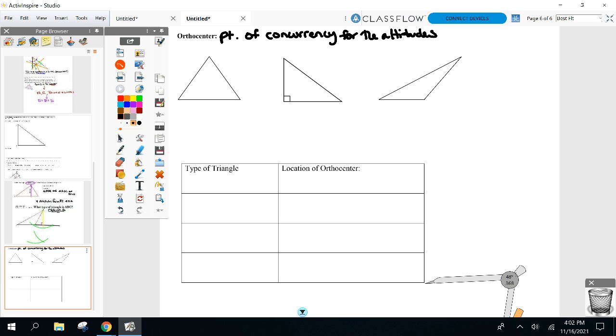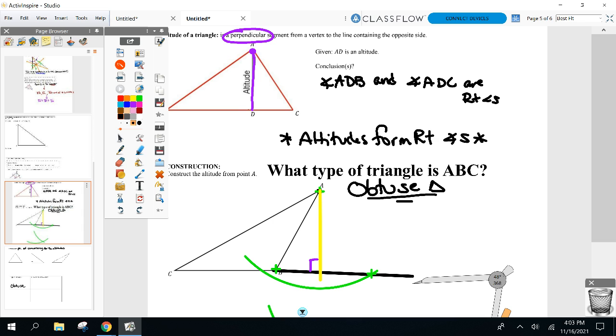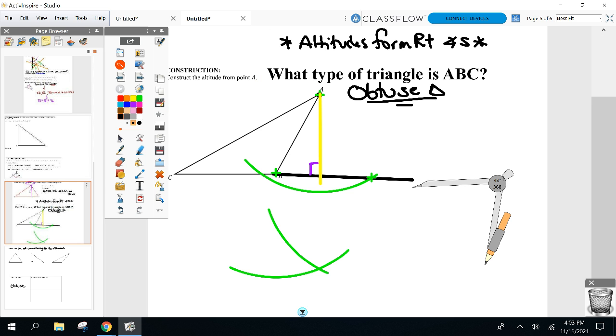Well, let me start with the one we just did, which is an obtuse triangle. If I have an obtuse triangle, where would the orthocenter be located? Let's take a look back. We just learned that one of the altitudes would be located on the outside. So no matter where the other 2 altitudes are, the orthocenter should be on the outside of the triangle because the one altitude is.